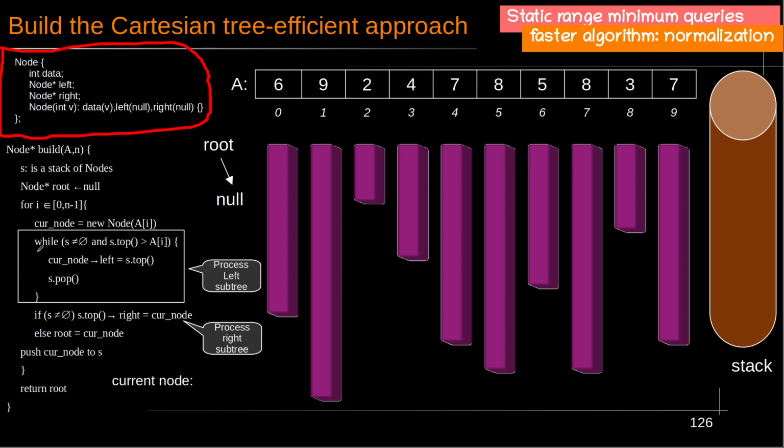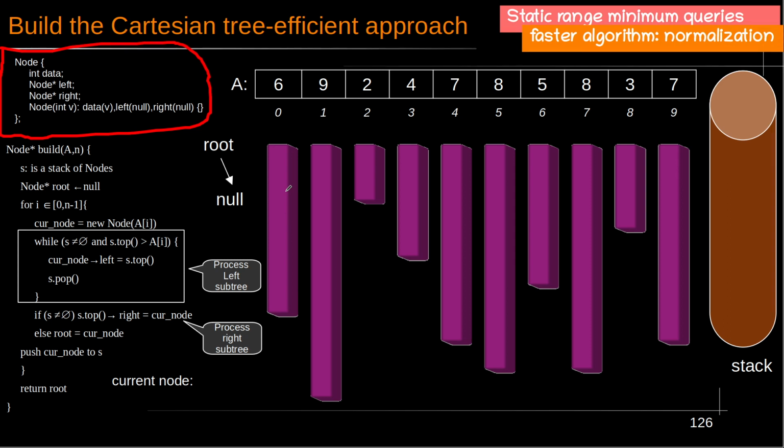For each node, we're going to build or process the left subtree when we find a node in the stack that is greater than the current node. So the left of that current node will be this element in the stack, and you pop it. If the stack is not empty, the top element of the stack, its right will be the current node. Else, if the stack is empty, the root will be that current node, and you push every node to the stack.